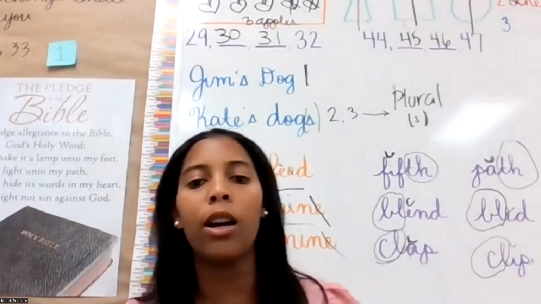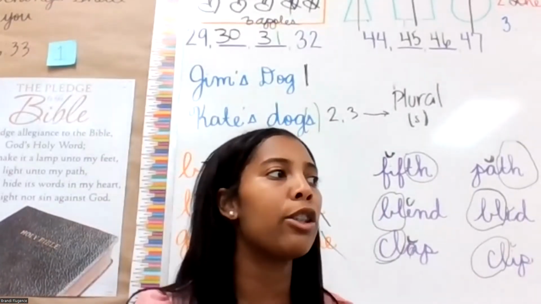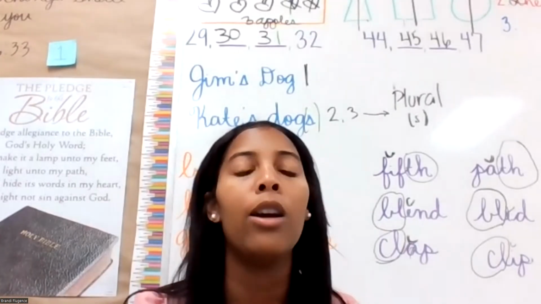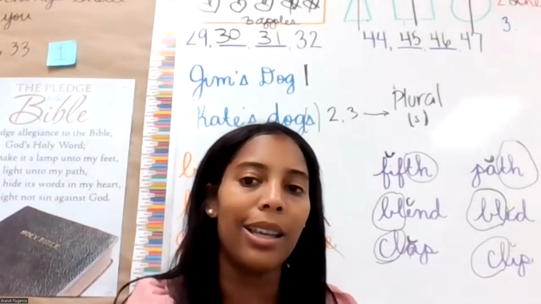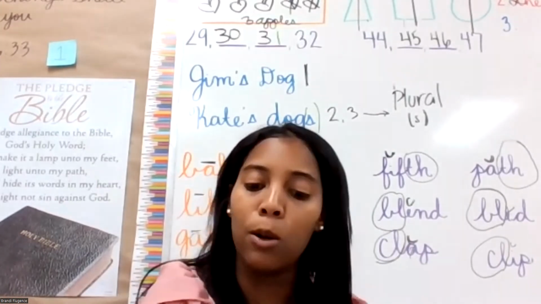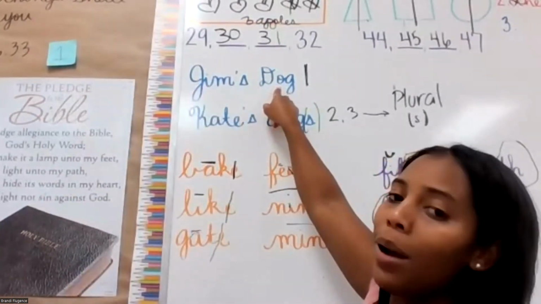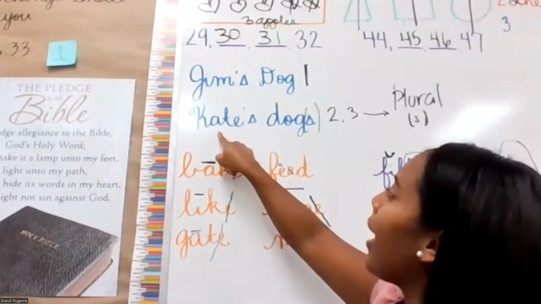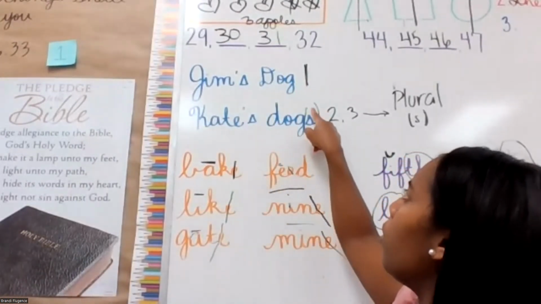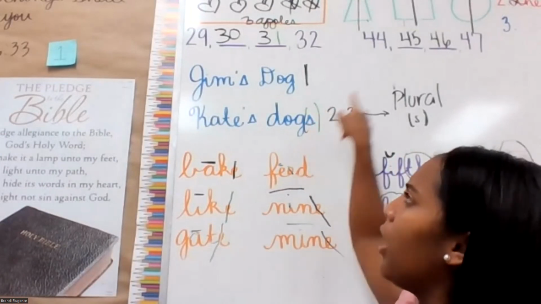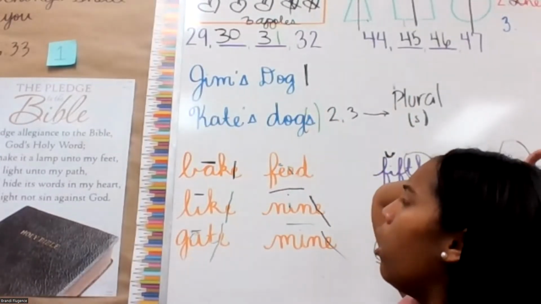But this year, we'll just talk about plurals, meaning how to show that something is more than 1. So again, Jim's dog with no S means 1, but Kate's dogs with the S at the end shows that she has more than 1 dog.